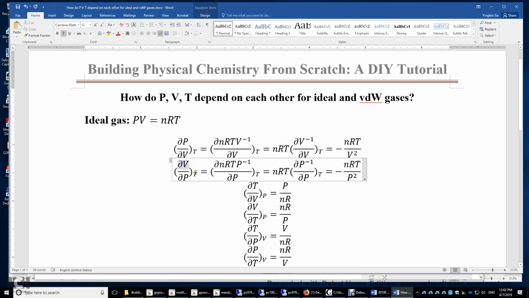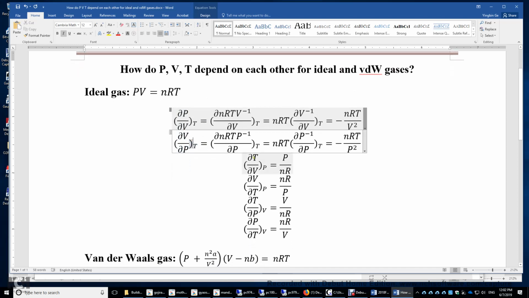Only if these two subscripts are exactly the same can you say delta P over delta V and delta V over delta P are reciprocals of each other. And then the other derivations are easy. Delta T over delta V, V over nR, T over P, P over nR. They are really easy. I just want to emphasize that you have to specify the condition, whether it's isobaric or isochoric.